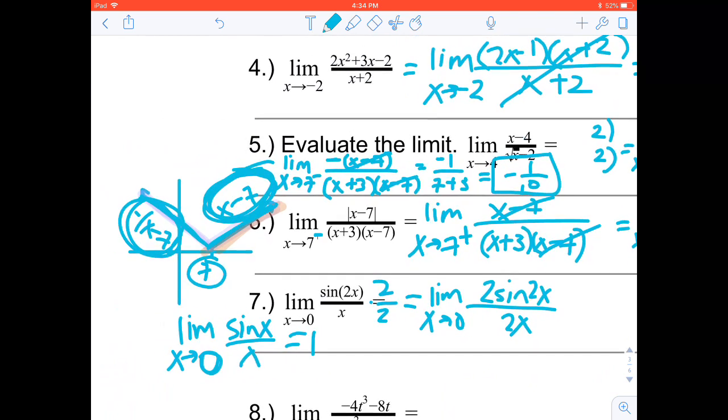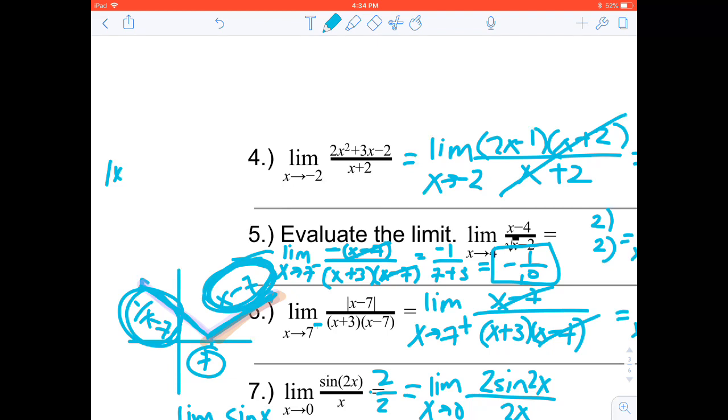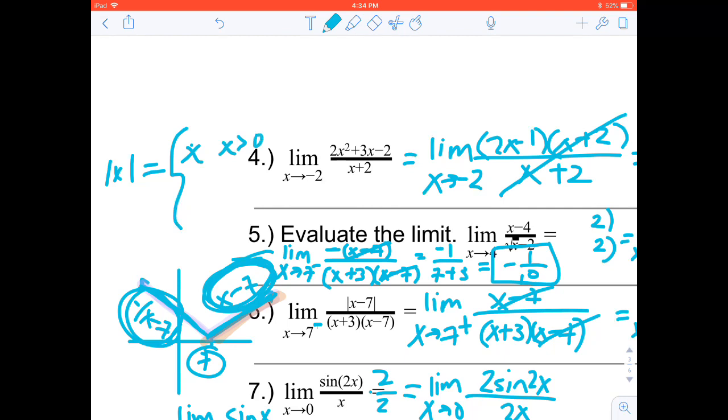So always think about breaking down the absolute value function. The absolute value of x is equal to x when x is greater than 0, and negative x when x is less than 0. So depending on what you have plugged in, that's going to change this value, and then you'll just have that match up.